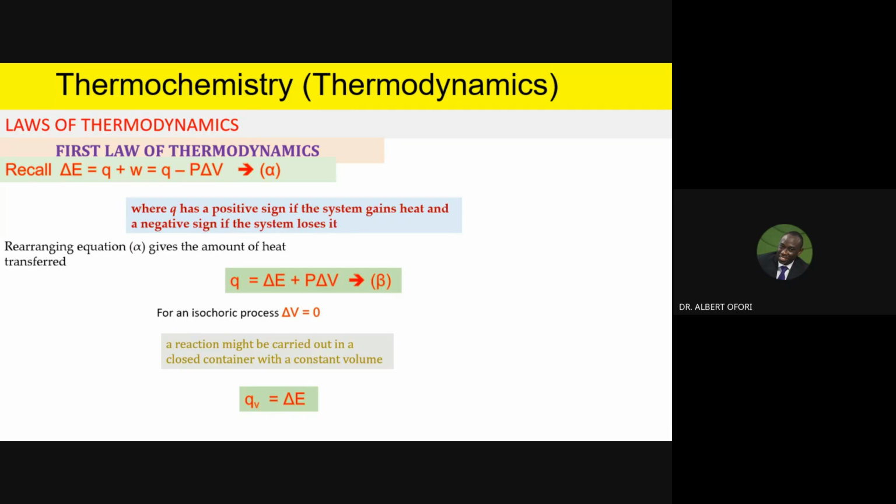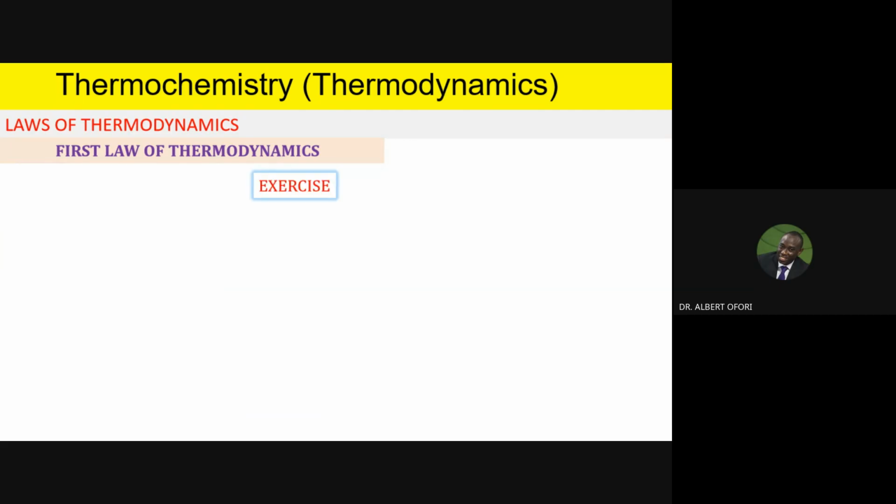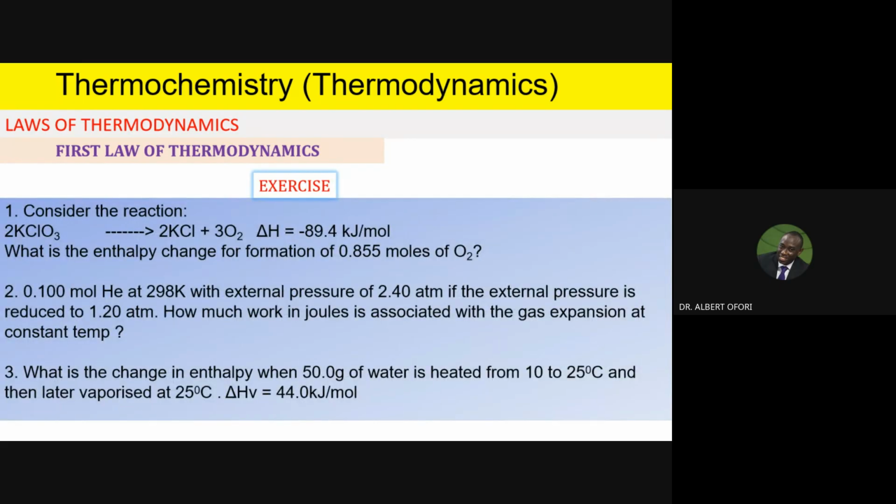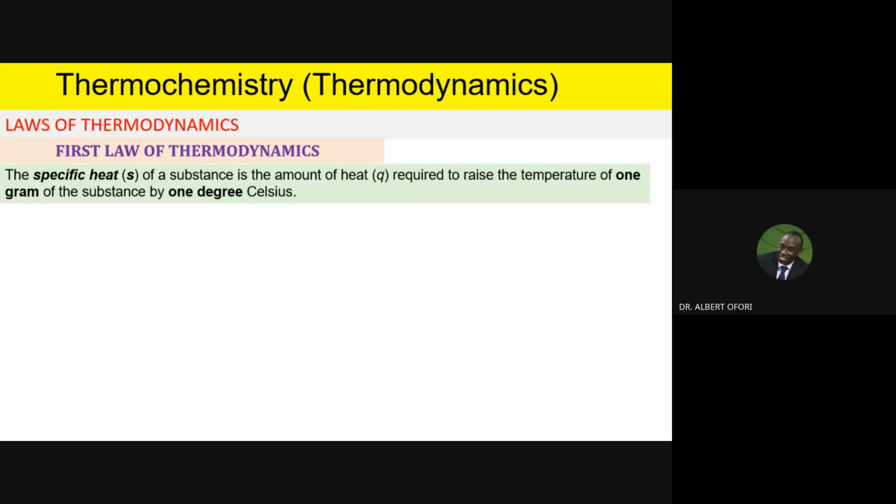So we try to see how we can do the calculations which involve heat, which we say is equal to the internal energy plus pressure times the change in volume. I remember we did one or two exercises before leaving, and that's where we tried to end. Today we want to continue and see how we can actually measure this heat.